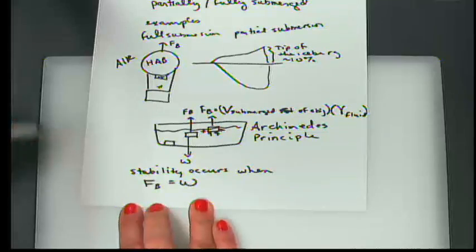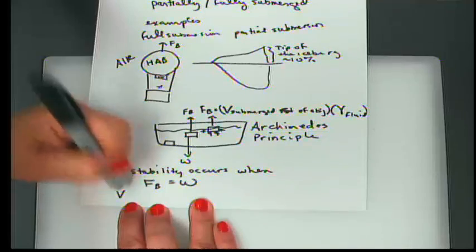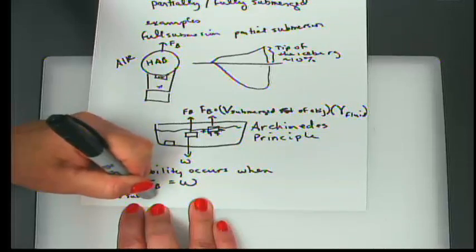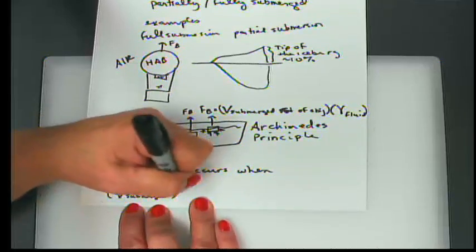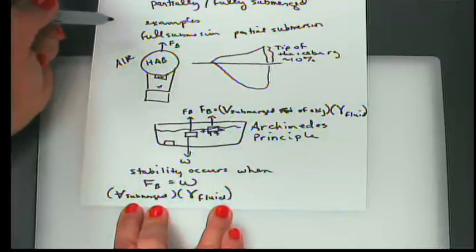Okay, so to finish off this little discussion then, we know that the buoyant force is equal to the submerged volume of the object multiplied by gamma of the fluid, specific weight of the fluid.